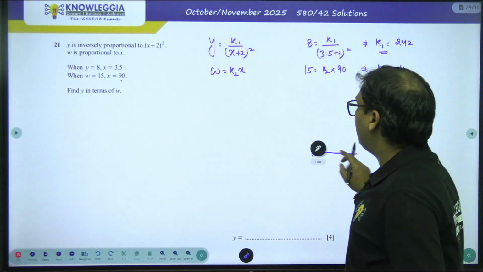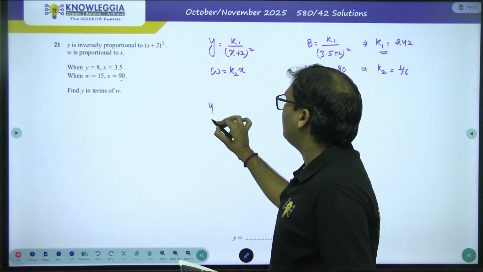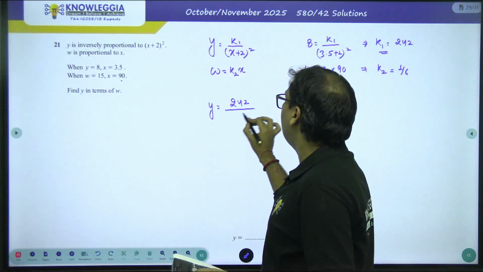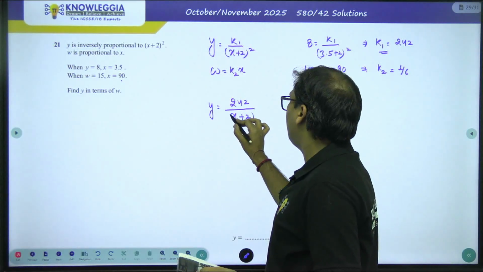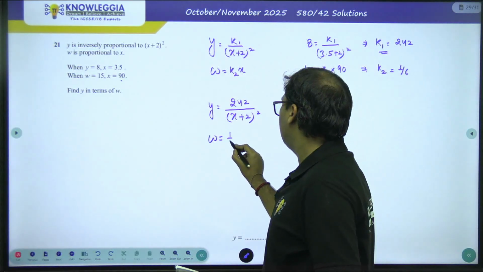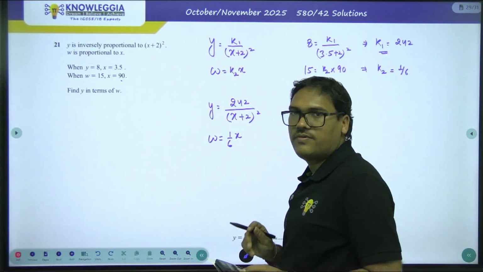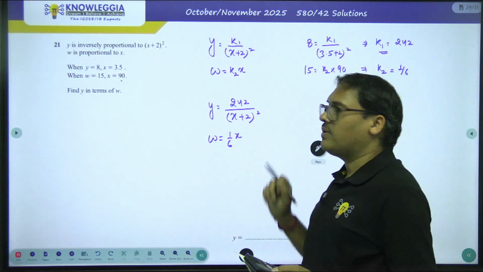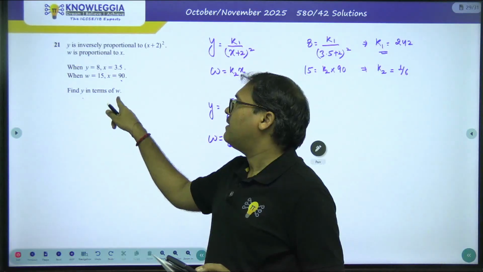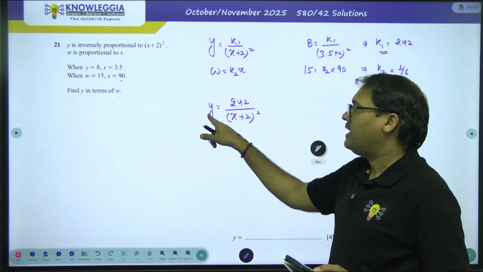So we know the relation: y is equal to 242 upon (x plus 2) square. And w is 1 by 6 x. That is the relation between x, y and w, x. But the question is asking you to write y in terms of w.